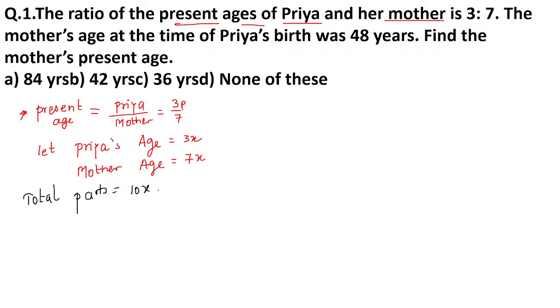So if we consider here, mother's age is 7 parts, Priya's age is 3 parts. Tell me, what is the difference between their ages? Mother's age, that is 7x, minus 3x. It means the difference in their ages is equal to 4x. Correct? Yes or no? Just tell me fast.